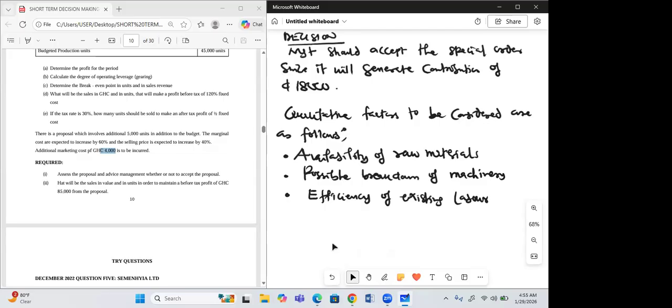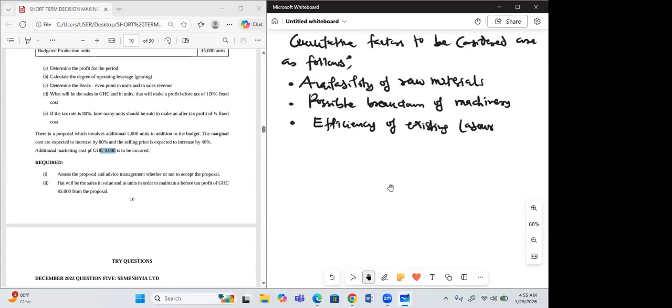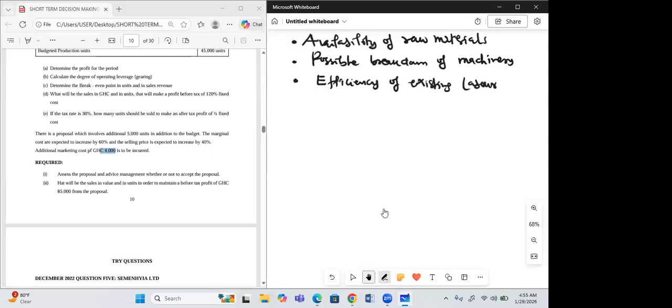And then additional marketing costs have also come, so you also get a new fixed cost. Can you picture what I'm talking about? Let me hint you here. What I mean is that now you will get a new fixed cost.